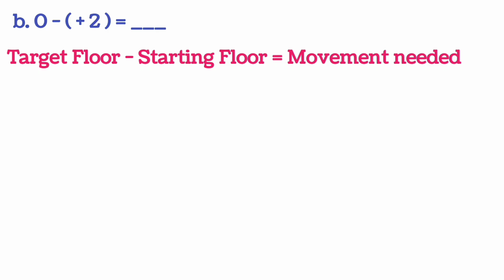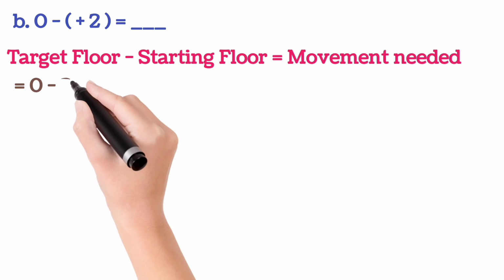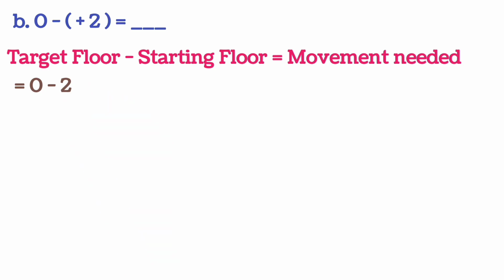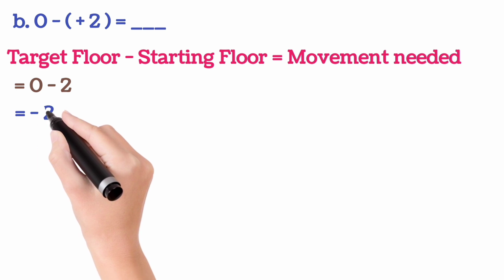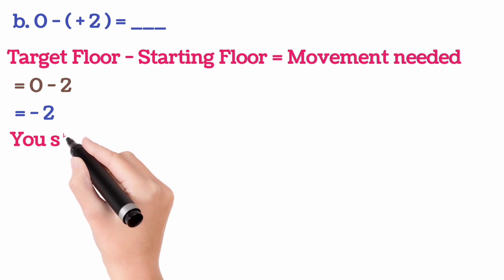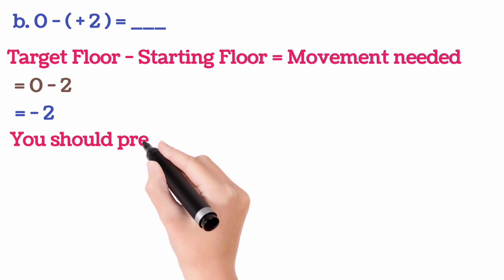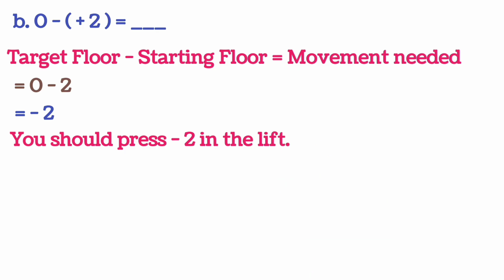So write ground floor, meaning 0, and minus plus what will come? Minus. So 0 minus 2. So 0 minus 2 is what? Minus 2 only. So to reach the ground floor from the second floor, you should press minus 2 in the lift. So come for the next sum.